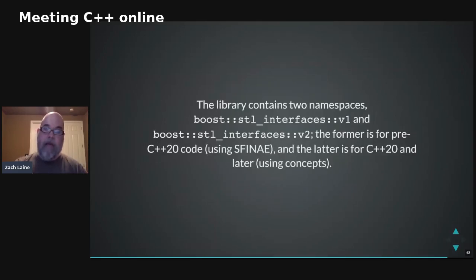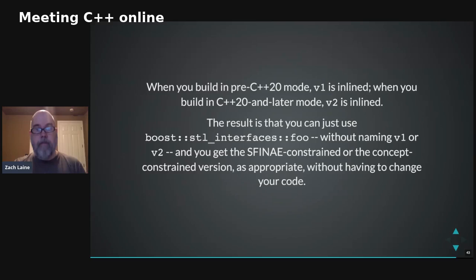So the way I've decided to make that work, I've got 2 modes. I've got the SFINAE constraints and the concept constraints. Those 2 modes are provided in different namespaces. So I've got the V1 namespace, which is the old namespace for the old constraint mechanism, the SFINAE mechanism, and the newer concept stuff is in V2. Now, when you build in a pre-C++20 mode, the V1 namespace gets inlined.